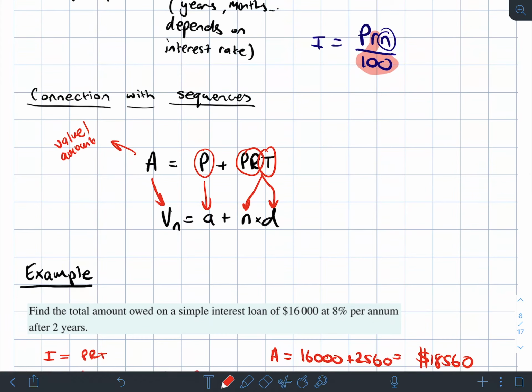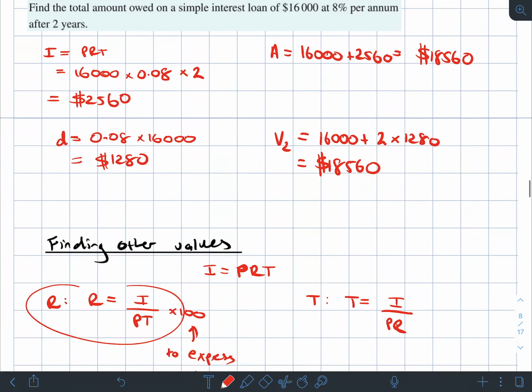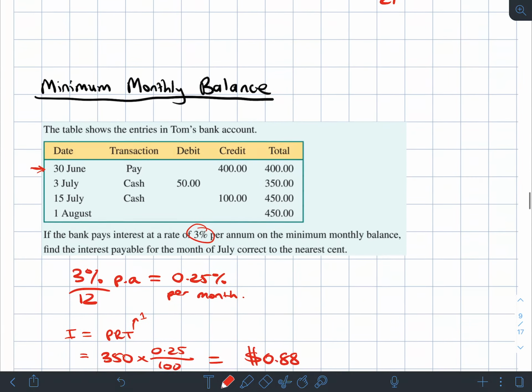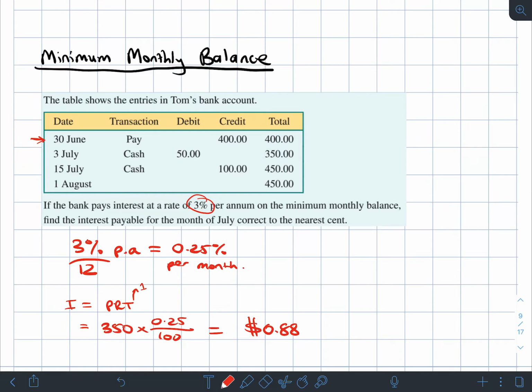So the formula put into this form here is pretty much the same as the nth term of any sequence. We looked at an example there, found other values, and looked at this idea of the minimum monthly balance, which is in a savings account. The interest that the bank pays you is only paid on the minimum amount during that month, not on the balance at the end of the month.